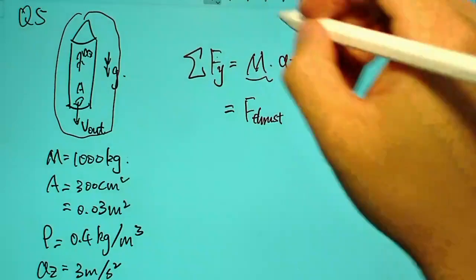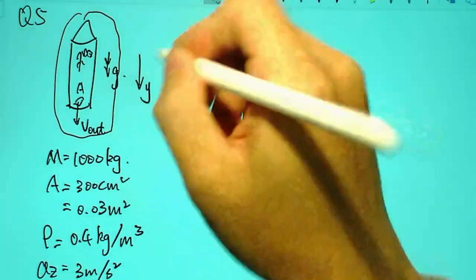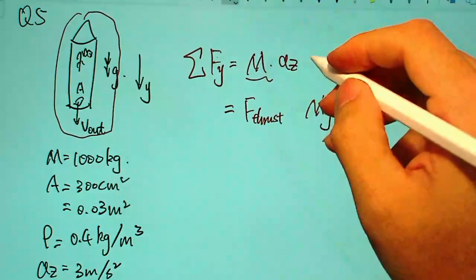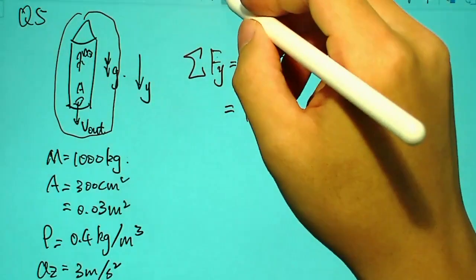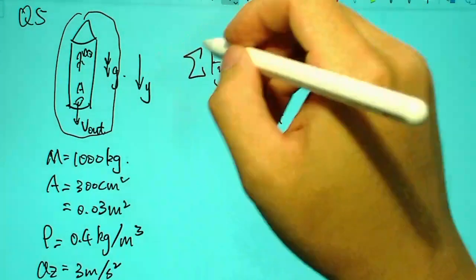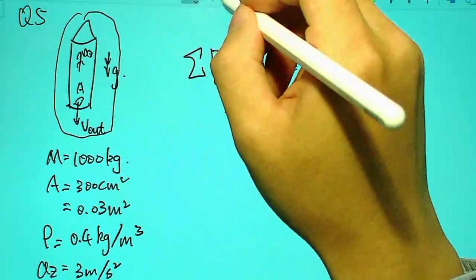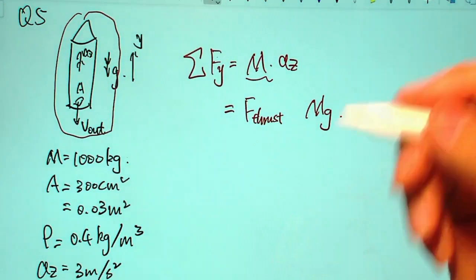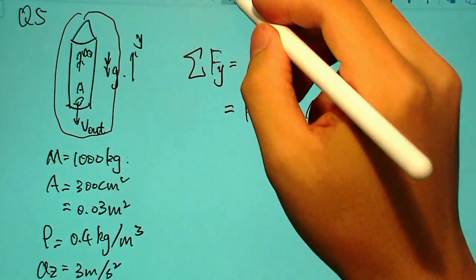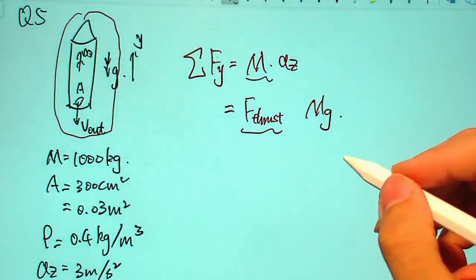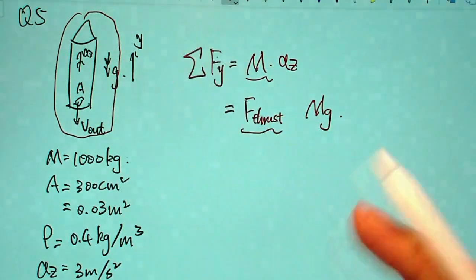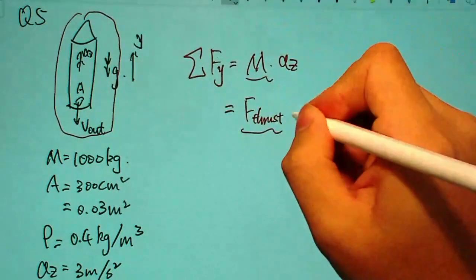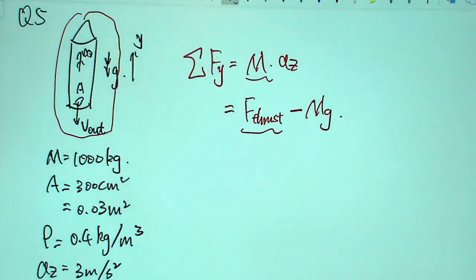We need to consider the direction. Generally we assume the positive direction pointing upward. So we have the F thrust pointing upward to give propulsion to the rocket, and then we have gravity in the opposite direction.